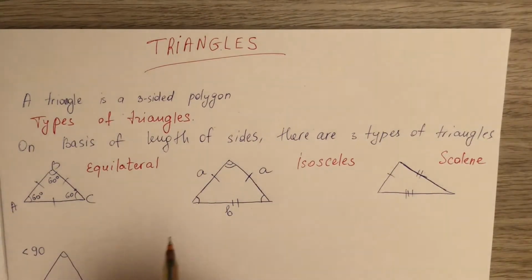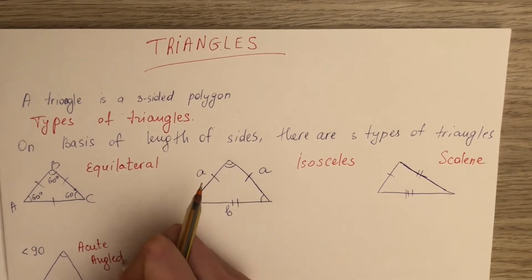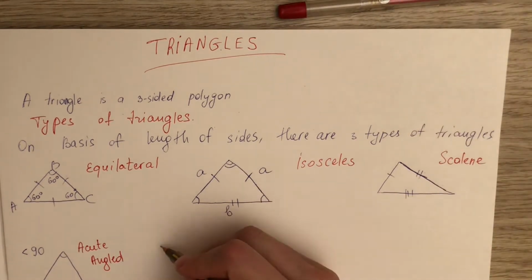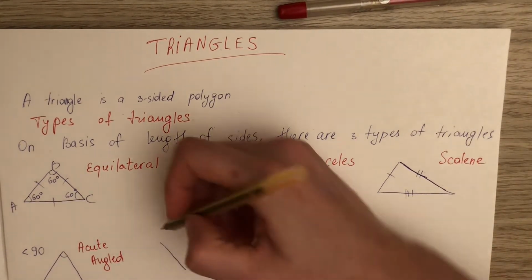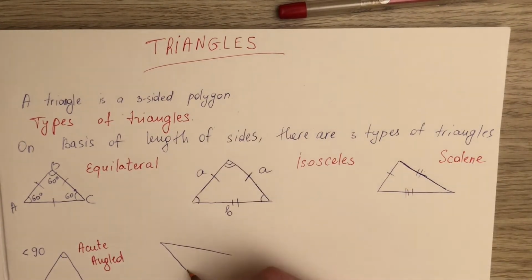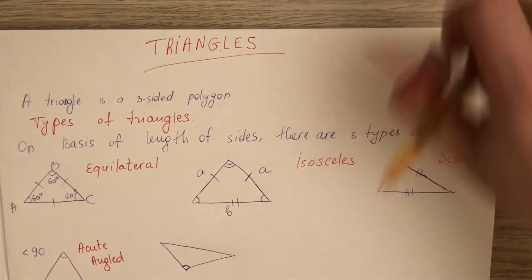They are called acute angled triangle. And if the triangle has an obtuse angle, if one angle is obtuse, this is called obtuse angled triangle.